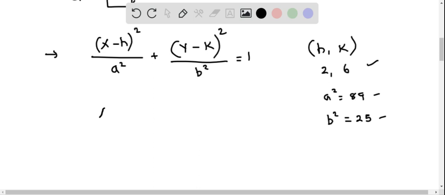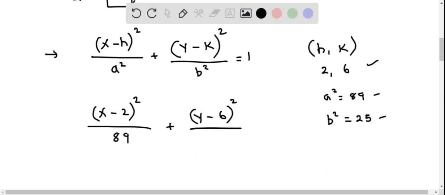So it becomes (x minus 2) quantity squared divided by A squared, we replace it by 89, plus (y minus 6) quantity squared, where k is 6, divided by B squared, we replace it by 25, and this equals 1. And so this is the standard equation of the ellipse with the given information.